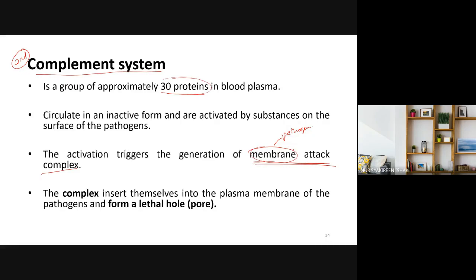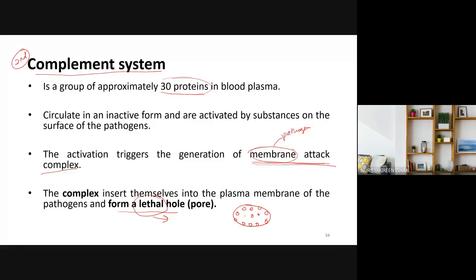So the complex inserts itself into the plasma membrane of the pathogen and forms a lethal hole or pore. Kenapa lethal? Dia akan menyebabkan plasma membrane of the virus tu berlubang-lubang. Okay. Macam tu berlubang-lubang.